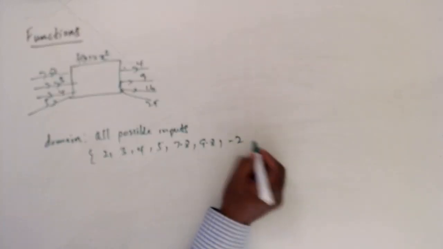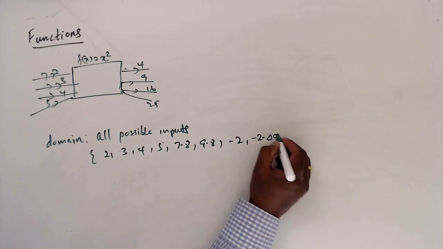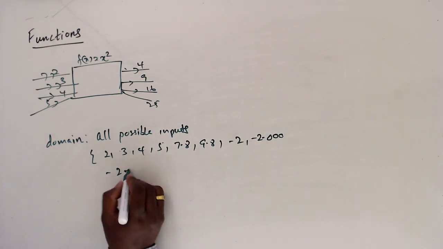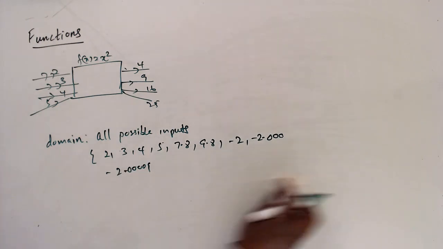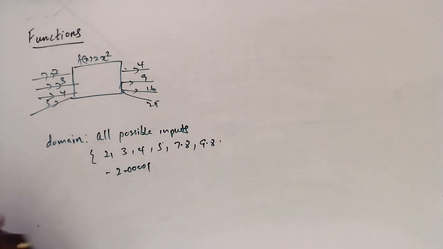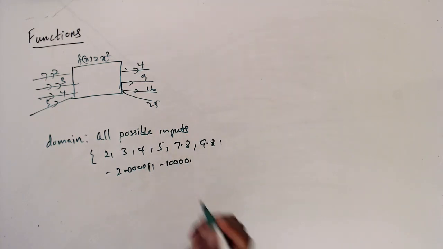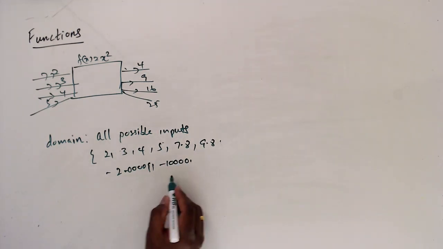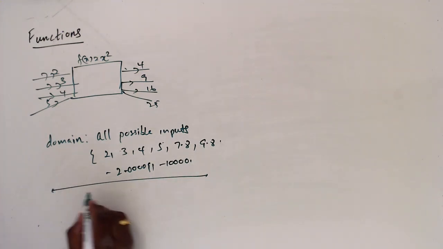How about -2? We can put -2.000, -2.0009, and we can put -10,000. So likewise, I have to write all the numbers on this x-axis.